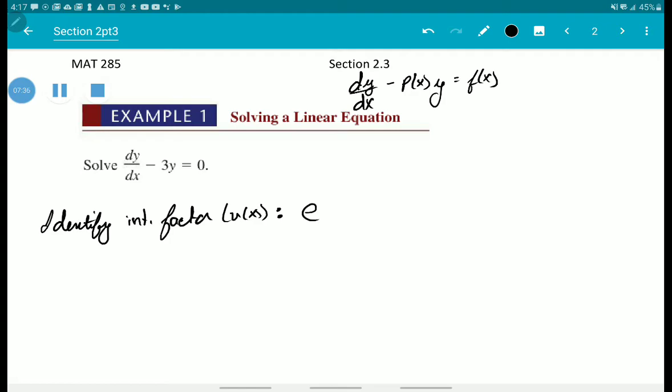It's always going to be e to the integral of p of x. Our p of x is negative 3. So when we integrate negative 3 dx, we're going to get e to the negative 3x here.